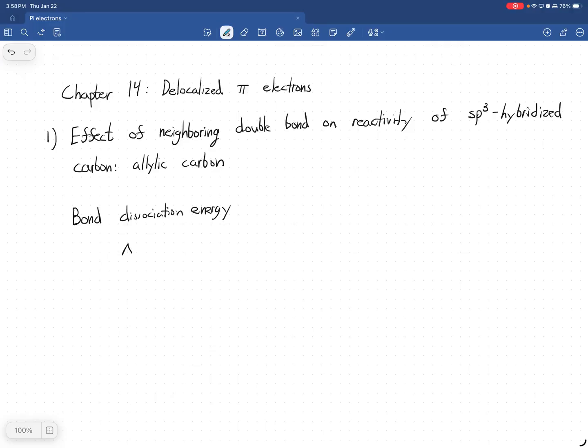All right, so this is delta H naught, BDE. I'm going to draw a molecule here, and we're going to examine all the different bond energies for C-H bonds. Here's an example, cyclohexene. We have 3 different types of hydrogen atoms, and one of them will have the smallest energy.